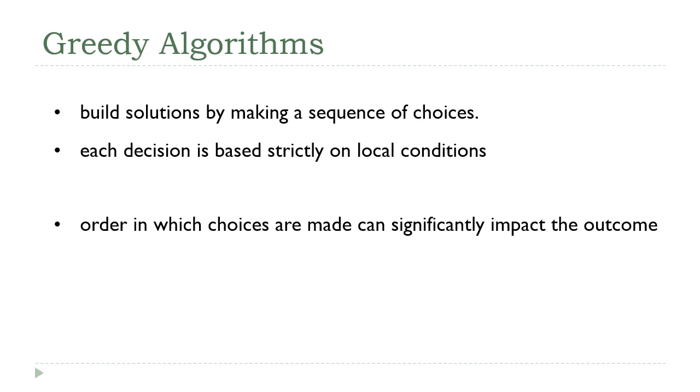Whereas if you're a human looking at this, you want to say, what's my next choice? If I choose option A, what's my lowest cost choice from there? And if I choose option B, what's my lowest cost choice from there? And you can use that next step to inform your decisions. Well, greedy algorithms can't do that. They're all about what's happening right here where we are at the moment.